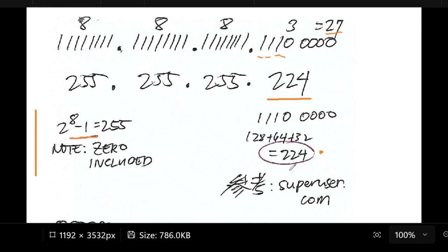We add that, that's why we get 224. Okay?